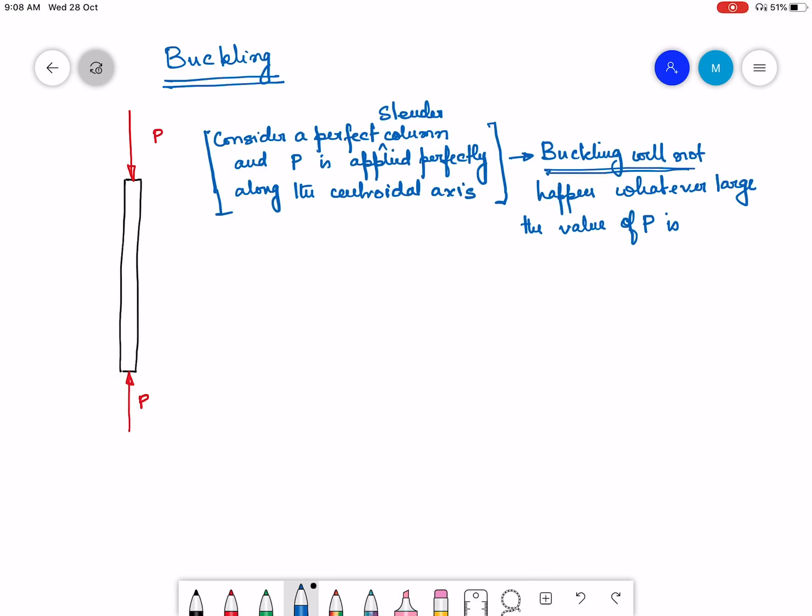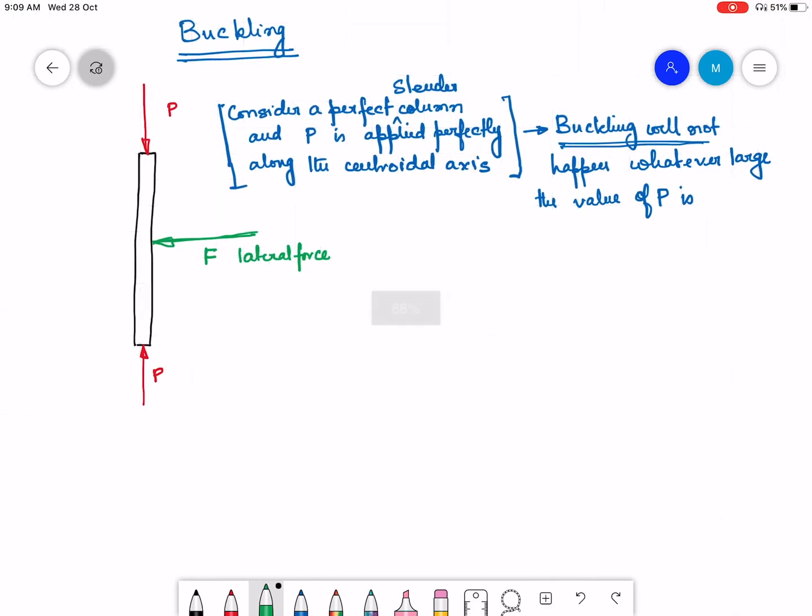Now, to theoretically understand buckling, we are going to apply a sideways force F, a lateral force, which is going to displace the column by a small amount, say V. Sorry, I said buckle earlier; it's not buckling.